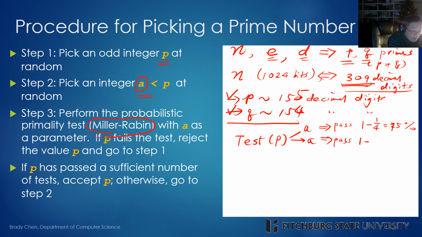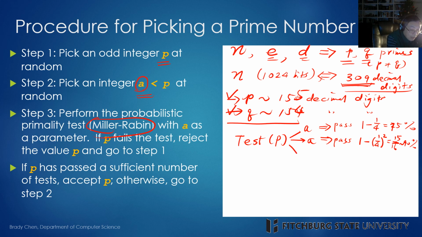So the chance that p is a prime number is 1 minus 1/4 squared. The chance is much bigger. It's 15/16, which is close to 90%. Actually, it's more than 90%.